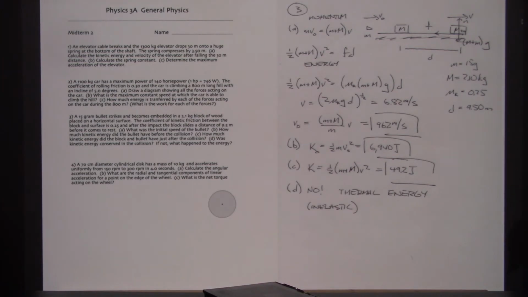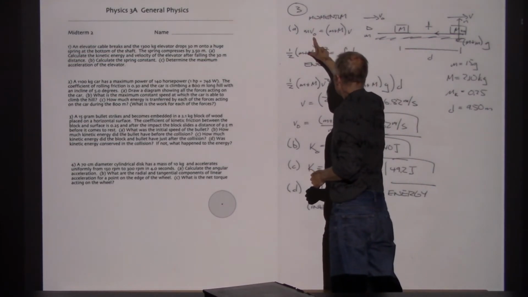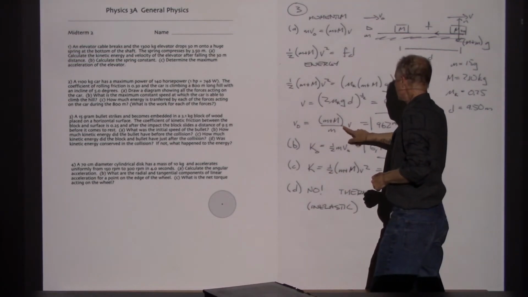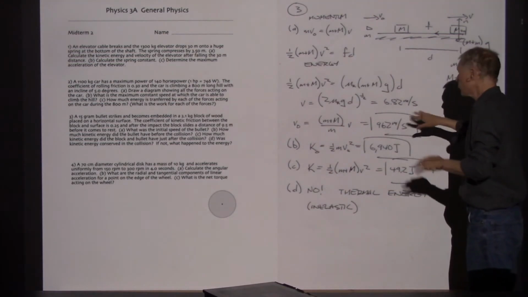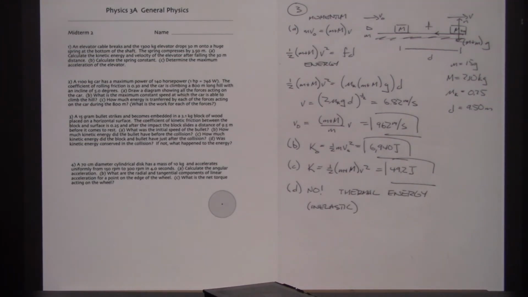I've got to work back to the beginning and eventually solve for V naught. From the momentum formula, V naught is given by (m plus M) over little m times v, and putting the numbers in there, I get 962. So it was near 1,000 meters per second. That's a really, really high velocity for this projectile. 962 meters per second.